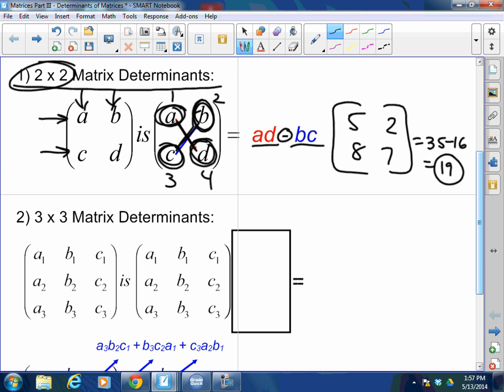Now, 3 by 3s. There are 2 ways to do this. In case you see this later on in the future and you say, Morrow is wrong, no, I just decided to choose the easiest of the 2 ways. There is one way where I'll give you a brief explanation.